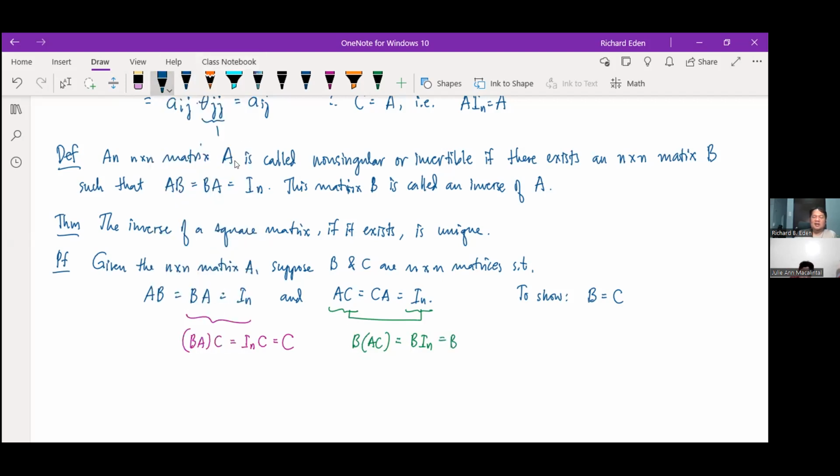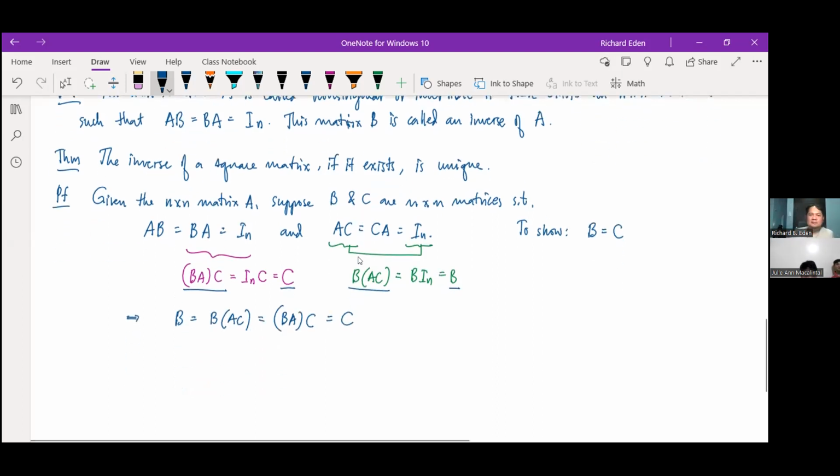We are saying that matrix B is equal to this, and by the associative property, B pre-multiplied to AC is no different from BA multiplied to C. But the latter is the matrix C. Wow, nice. So ibig sabihin, the inverse is unique.